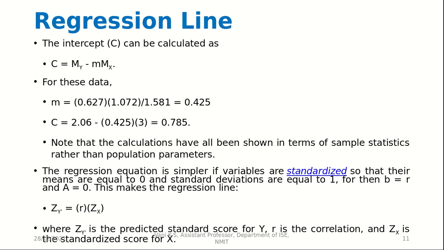Then the calculation for the regression equation will be much easier. Then the regression line will be zy dash equal to r into zx, where zy dash is the predicted standard score for y, r is again the correlation, and zx is the standardized score for x.